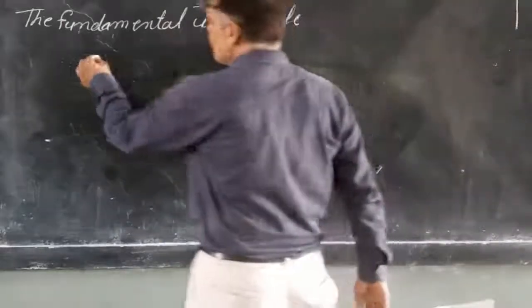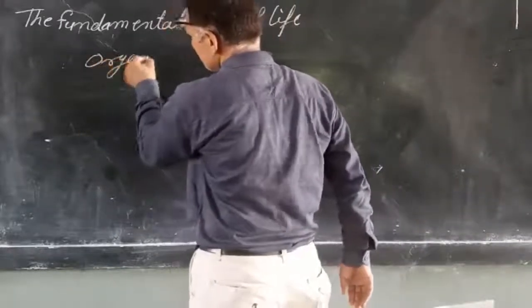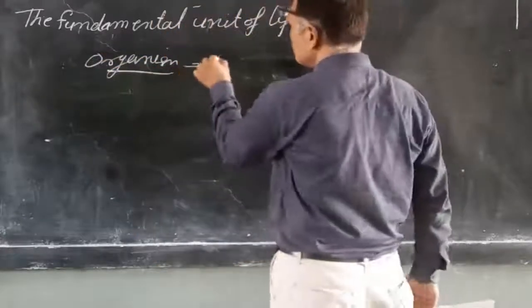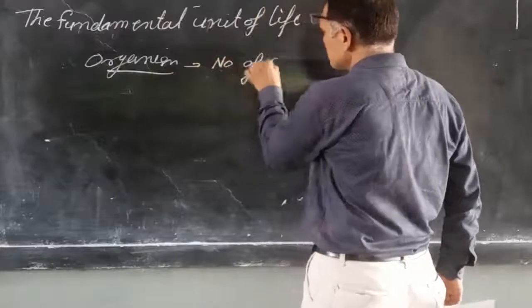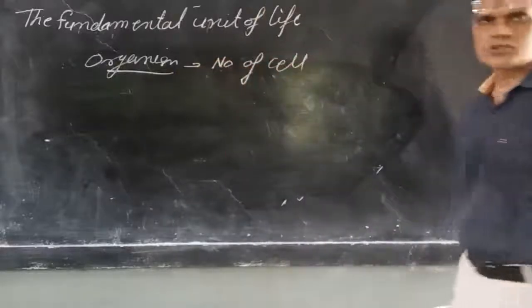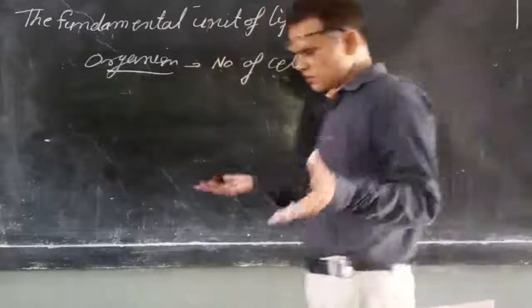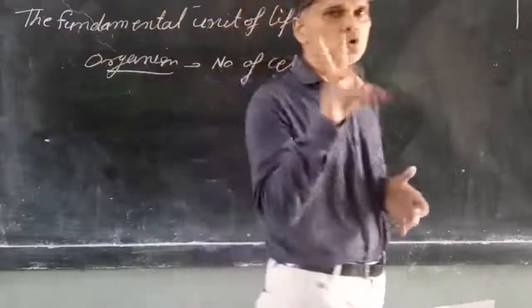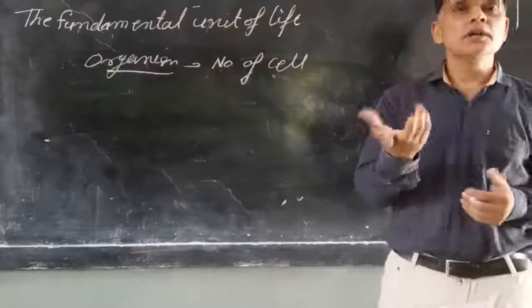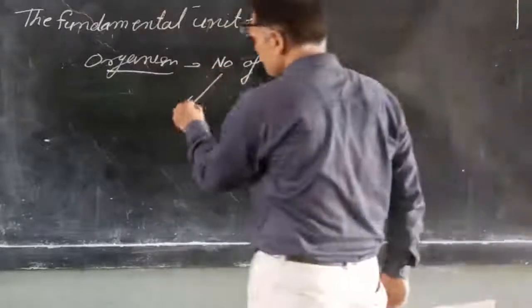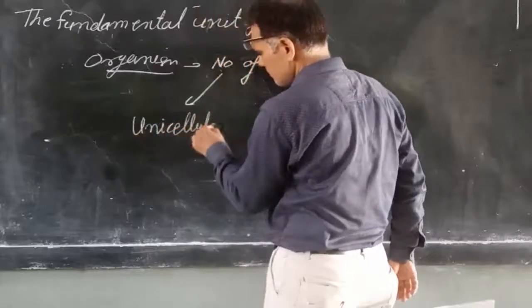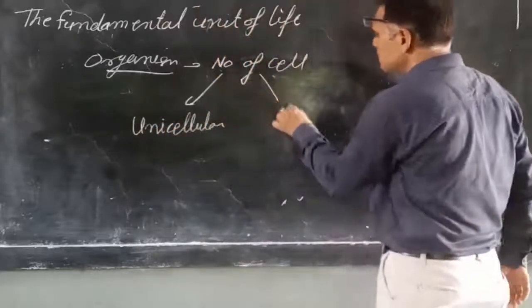Again, organisms are of two types according to the number of cells. You studied in 8th class or previous classes that organisms are classified into two groups according to the number of cells: unicellular and multicellular.